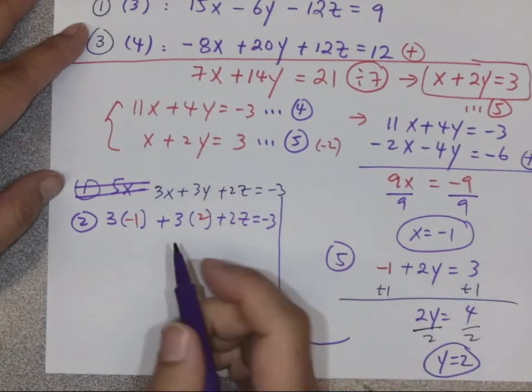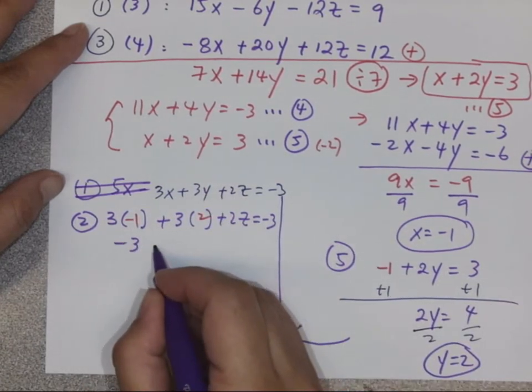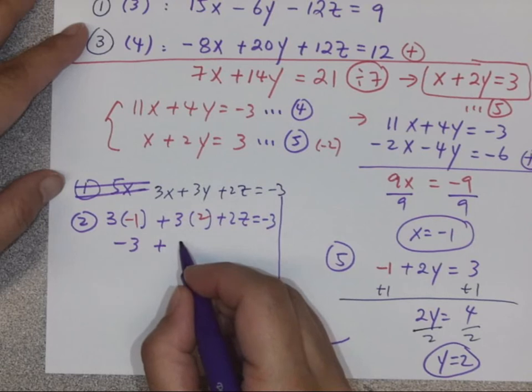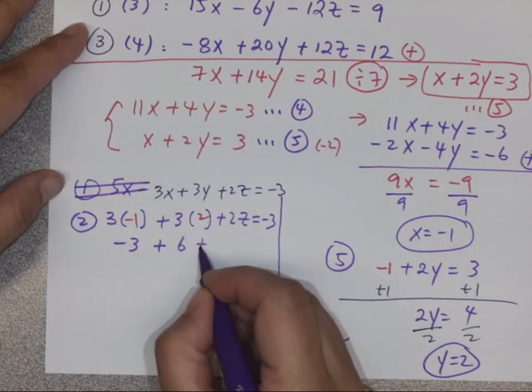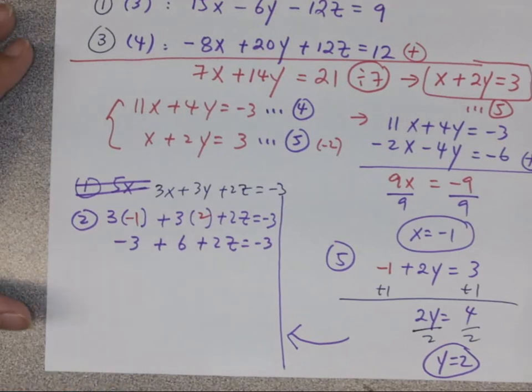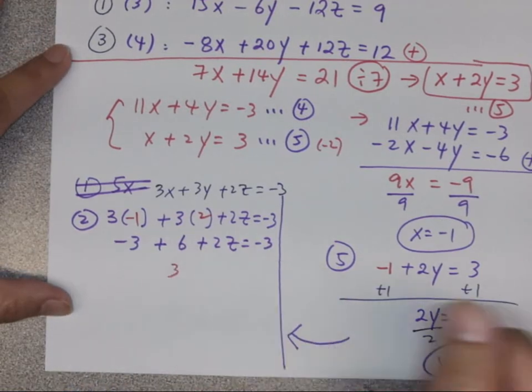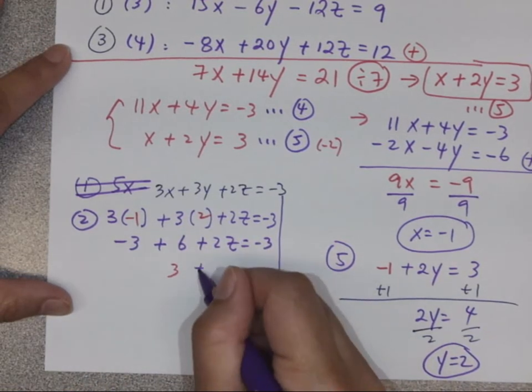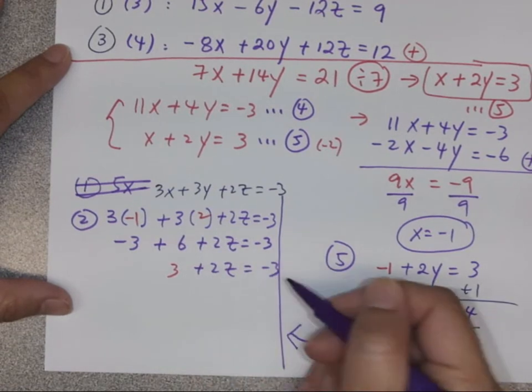All right, so we got negative 3 plus 6 plus 2z equal to negative 3. Combine the first two numbers, we get 3 plus 2z equal to negative 3.